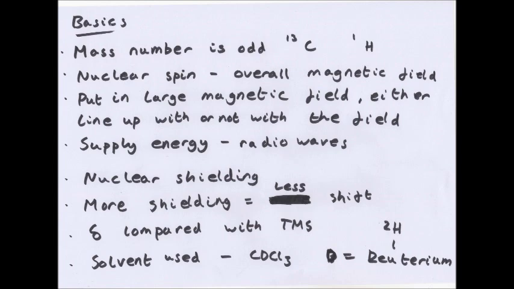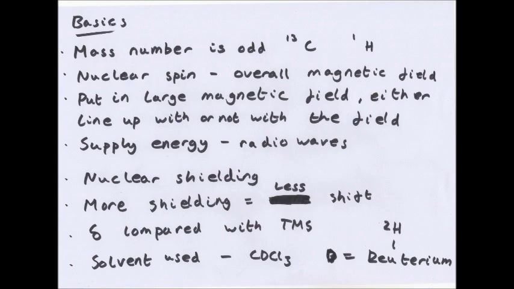So next you need to look at nuclear shielding. The magnetic field felt by a nucleus depends on two factors: the applied strong magnetic field and a weak magnetic field generated from electrons surrounding the nucleus and in nearby atoms. An atom's electrons will shield the nucleus from some of the applied magnetic field, and this is what nuclear shielding is. The extent of nuclear shielding depends on the electron density in nearby atoms or groups.